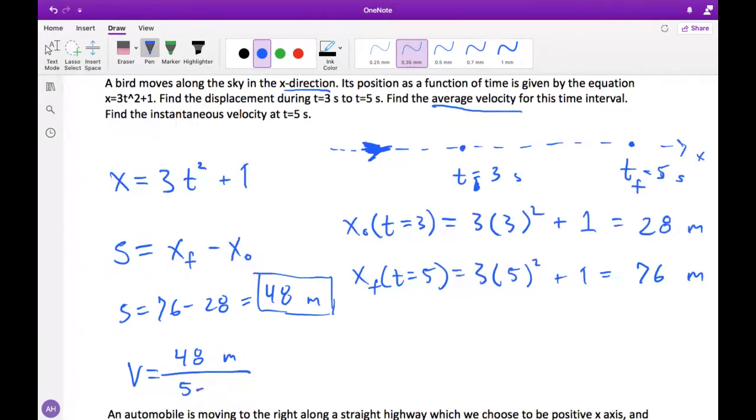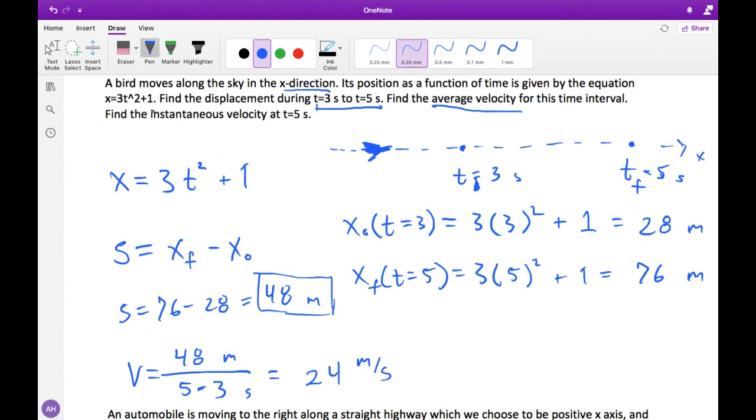So we have 5 minus 3, which is just 2. 48 divided by 2 is, let's see, 24. So now these are going to be in meters per second. This is our average velocity over this time interval, 3 to 5 seconds.